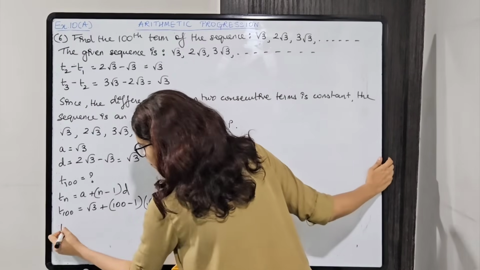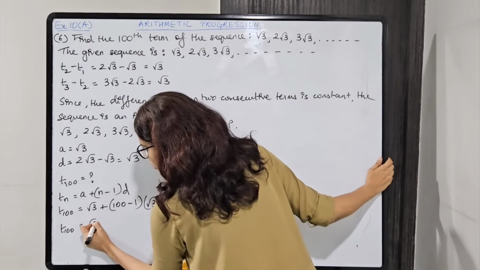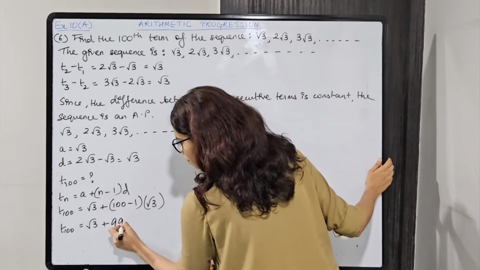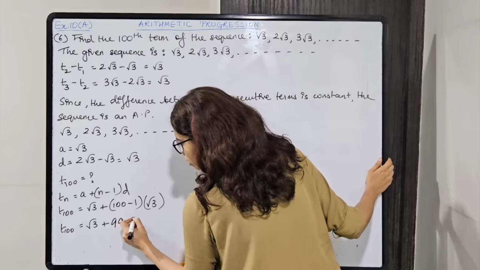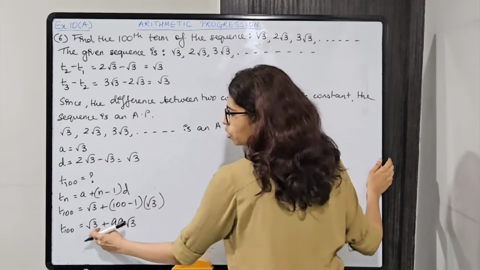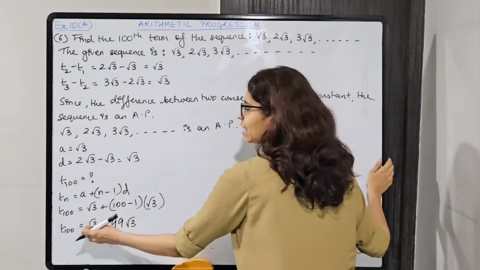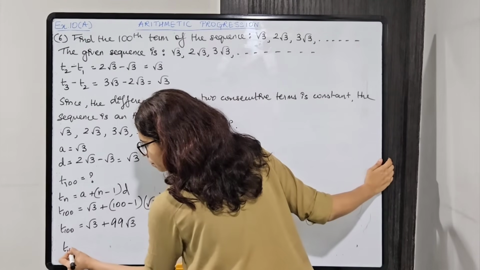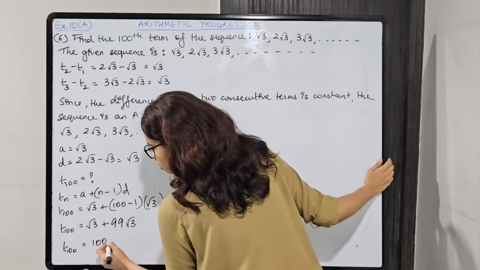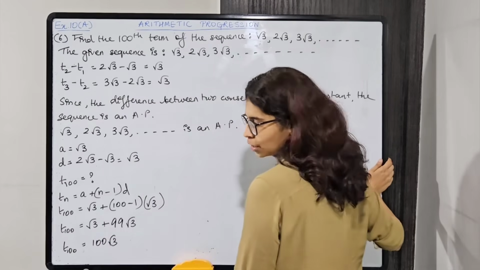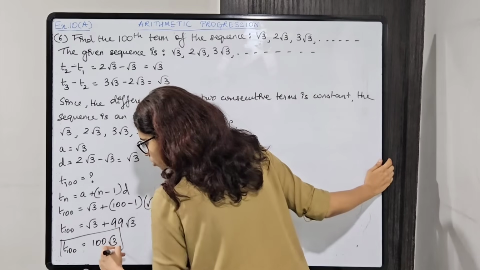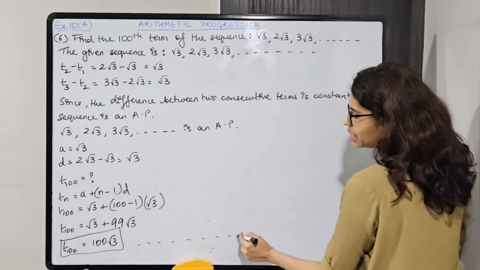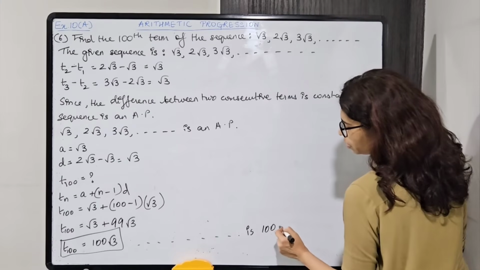So T100 is root 3 plus 99 into root 3. Root 3 plus 99 root 3 is like x plus 99x, so it becomes 100x. So it is 100 root 3. Alright, box the answer and write the final statement: the 100th term of the sequence is 100 root 3.